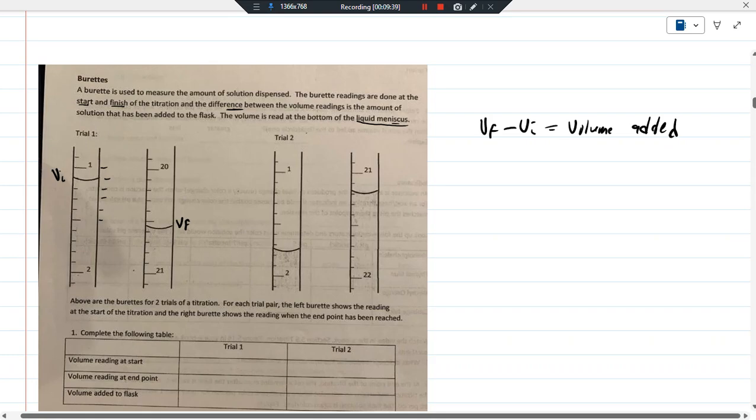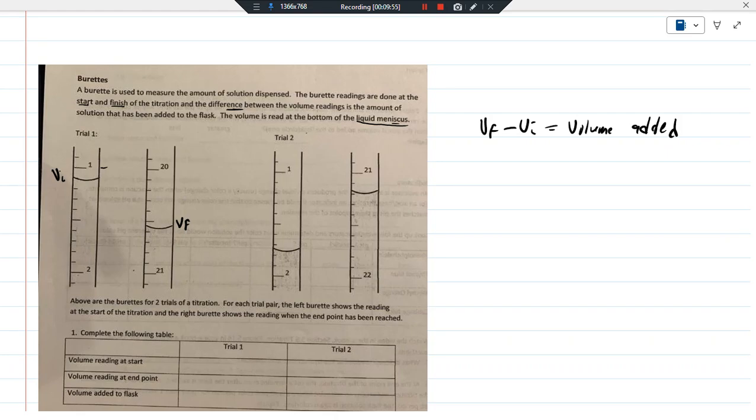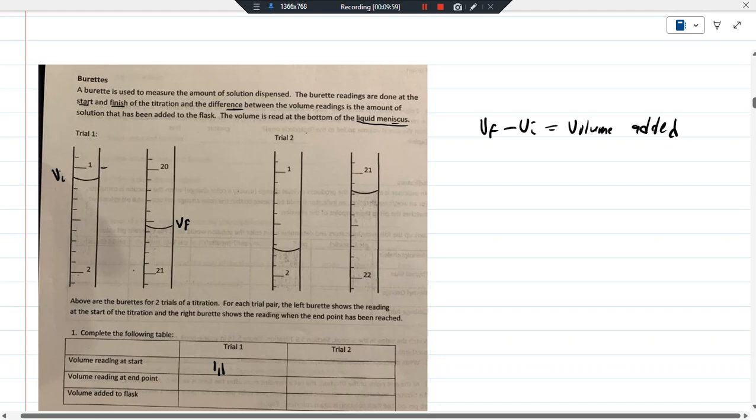Do you see that? 1.6, 1.7, 1.8, 1.9, and 2. Do you see that? So the difference is like 0.1. So if it's 1.1, V initial, the volume reading at start, it's 1.1 cubic centimeters, right?